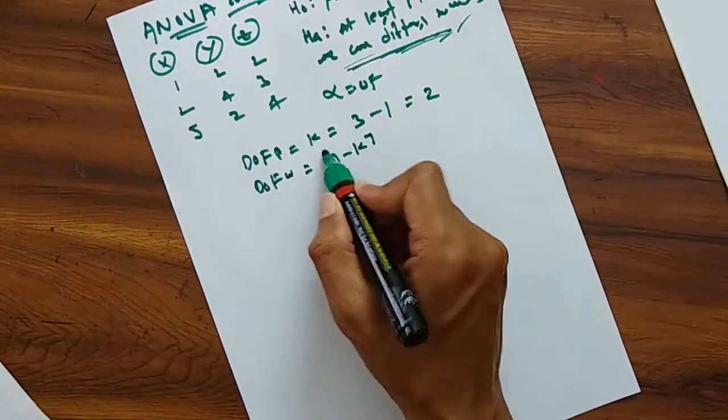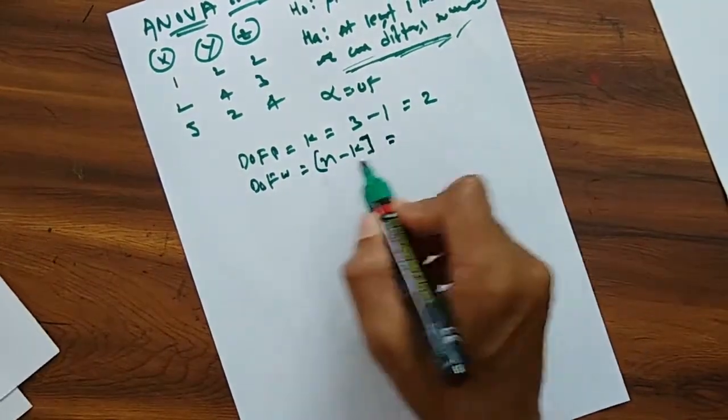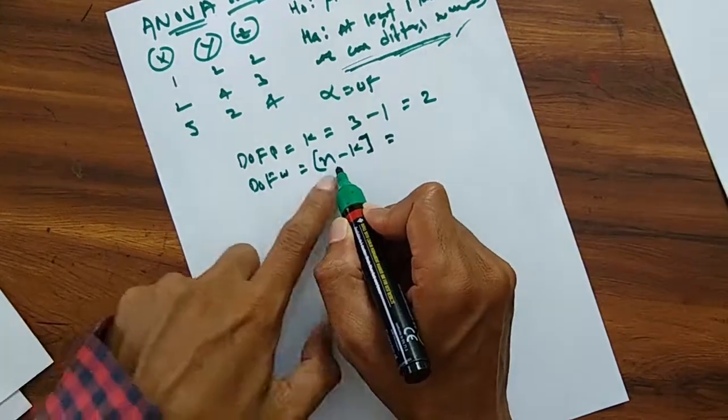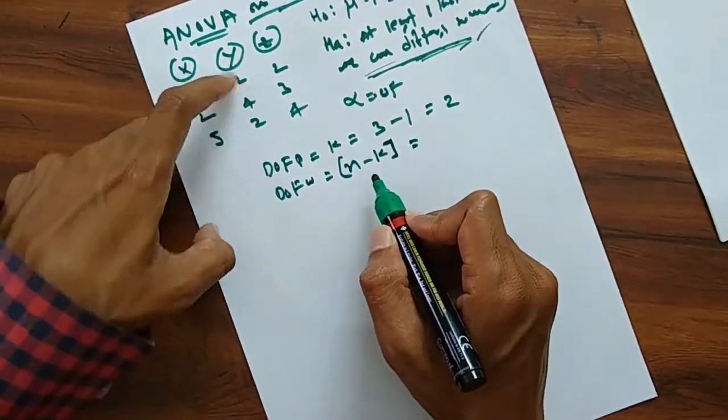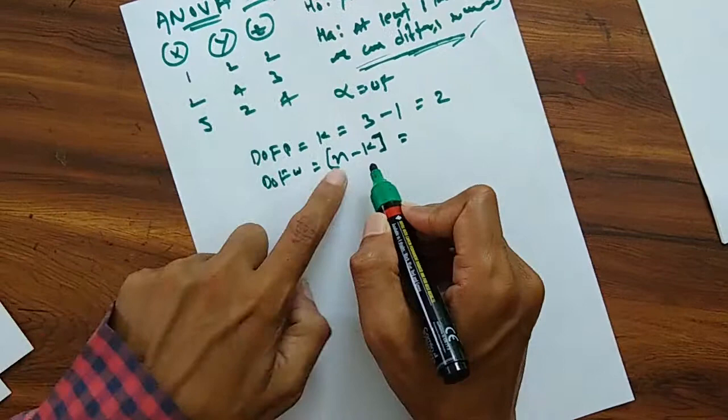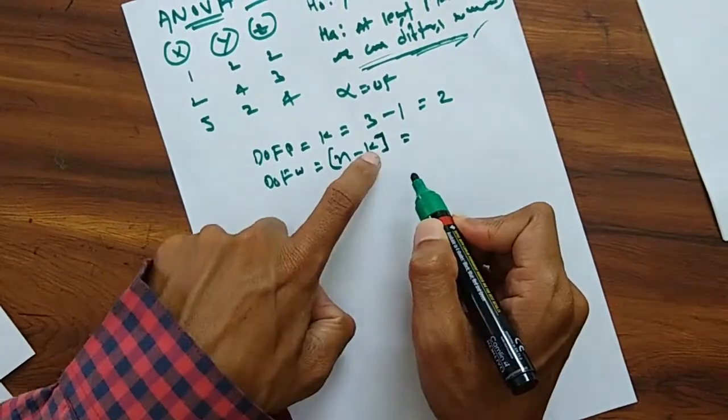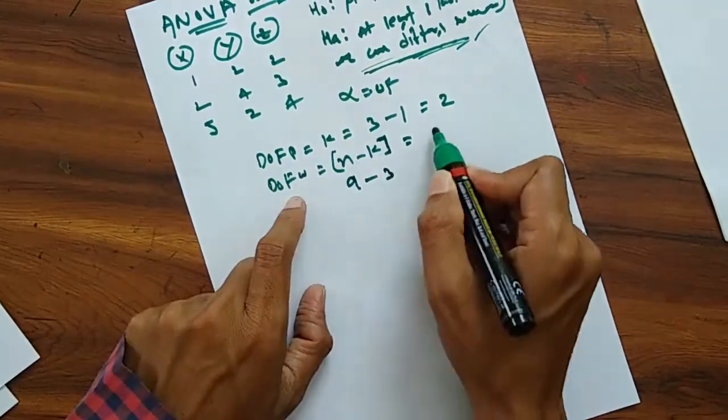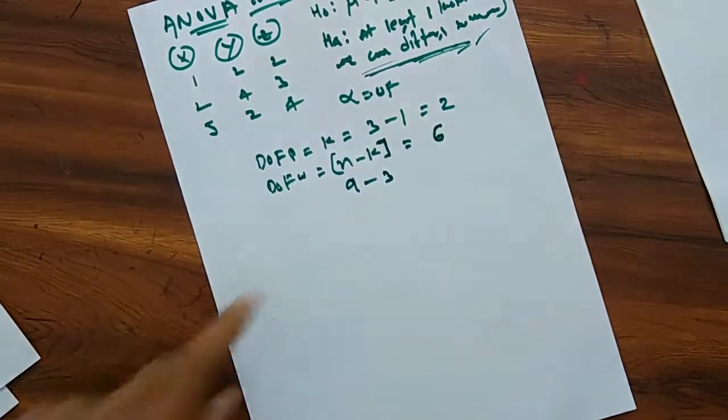Our total sample size is 1, 2, 3, 4, 5, 6, 7, 8, 9, so n is 9, minus k which is 3, equals 6.